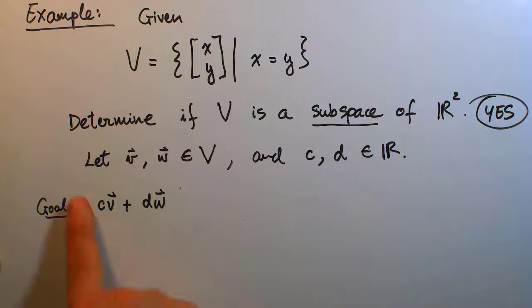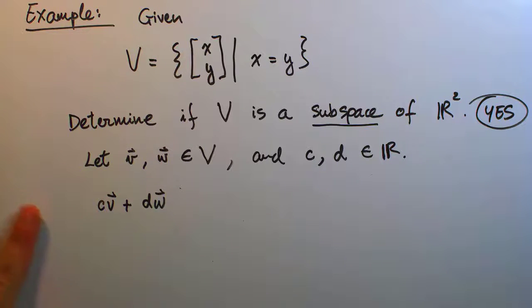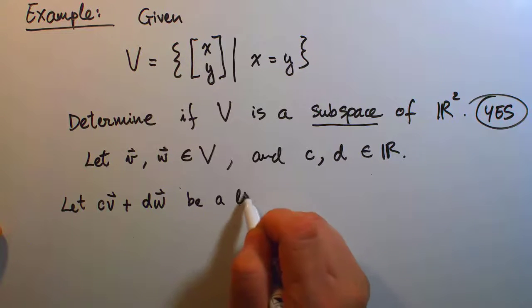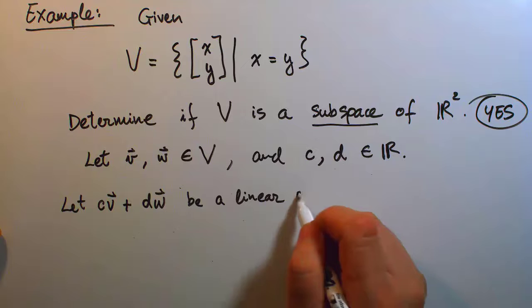So let me roll back to my beginning point here, and say let CV plus DW be a linear combination.